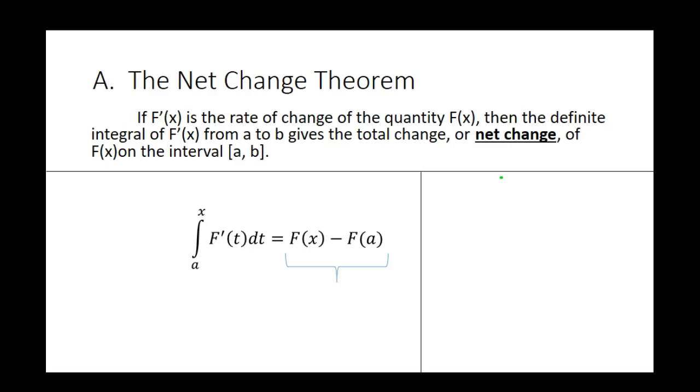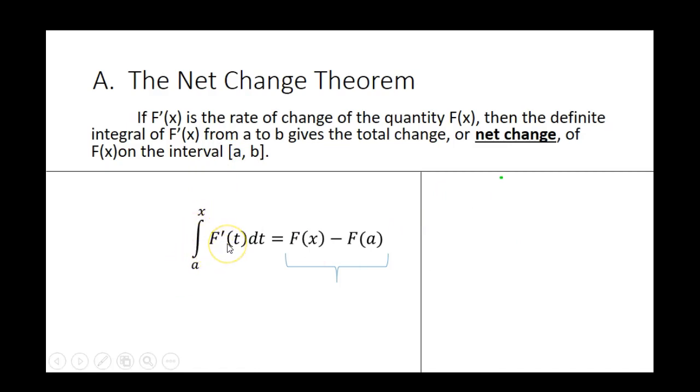Now, what we just saw in the opening activity was we integrated what kind of function? It was the speed function, right? Okay, it was a rate function. So if you integrate a rate function, what did that give us? The distance. So here we're integrating a derivative.